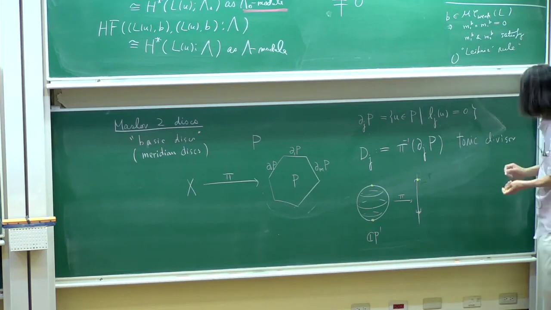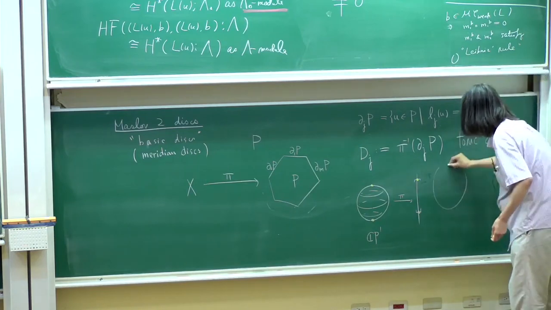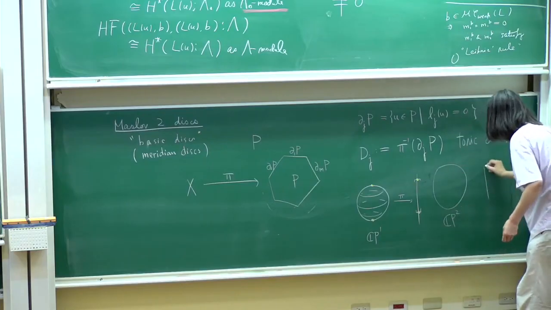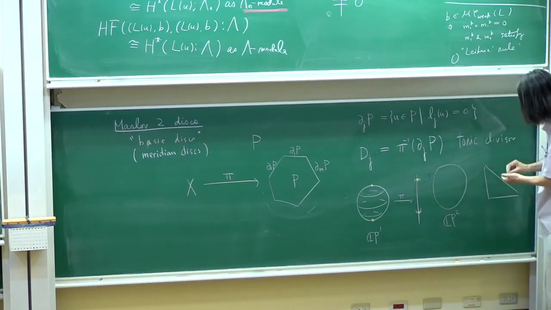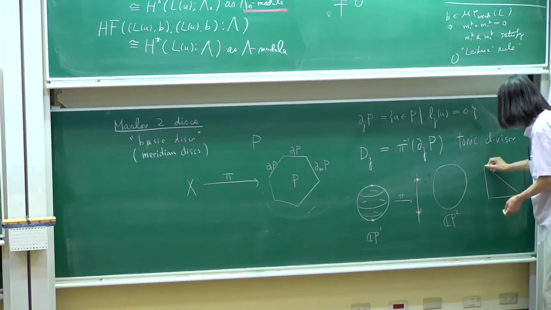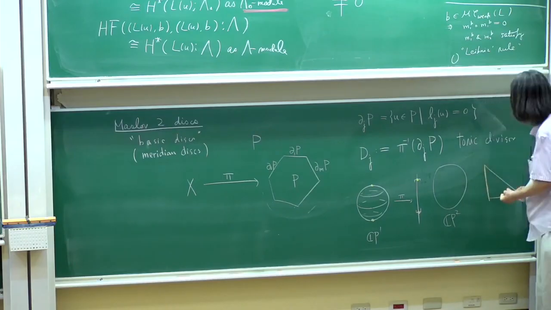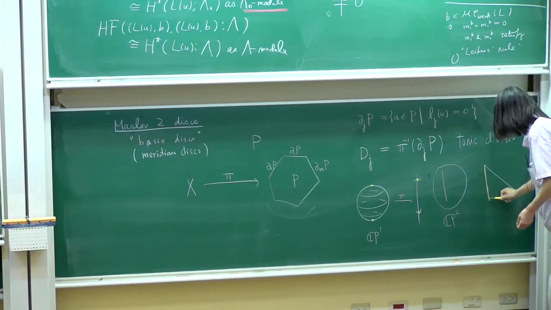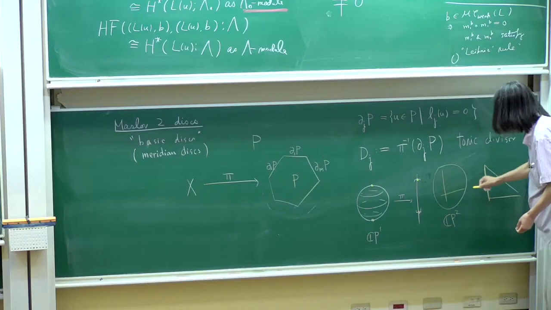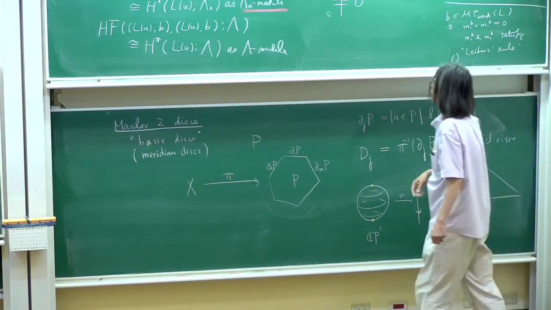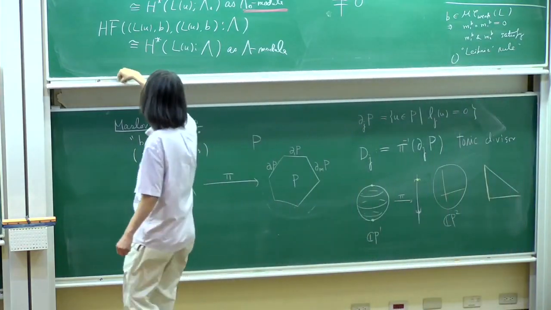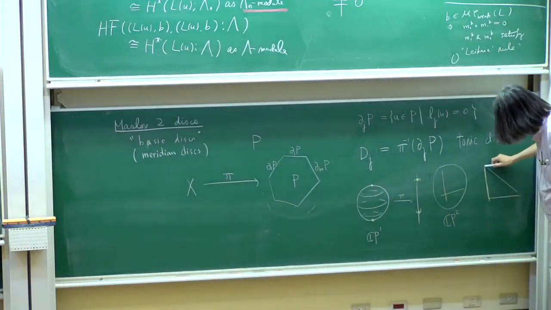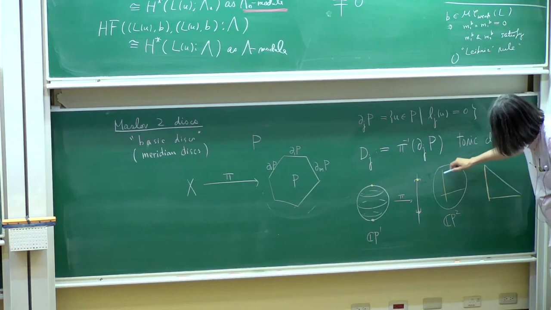And in the case of CP2, this one may correspond to some axis, this one may be another axis, and the other one may be mapped to some axis, like this.